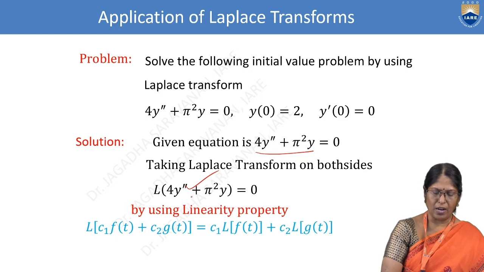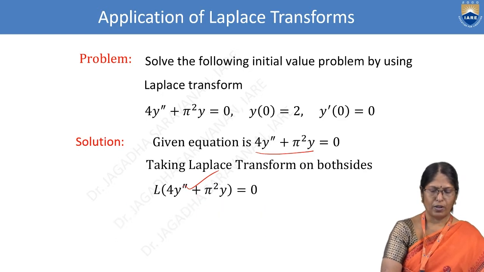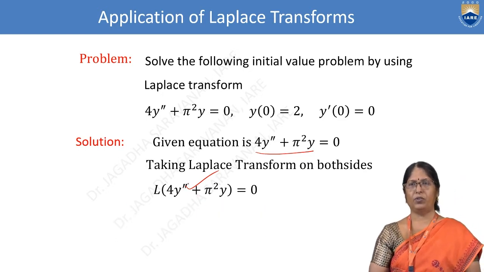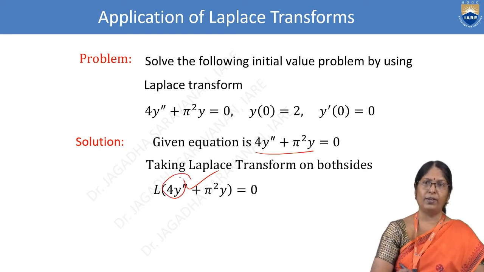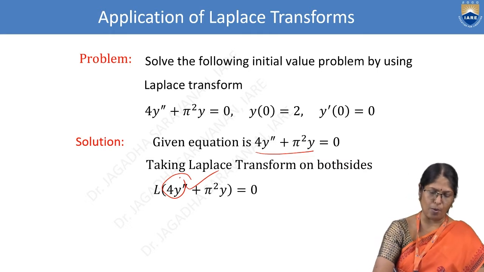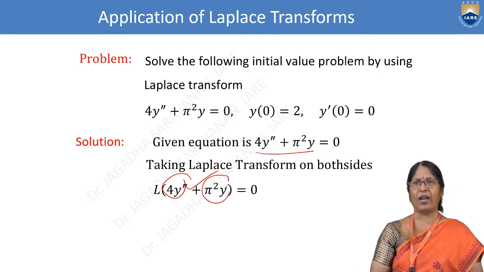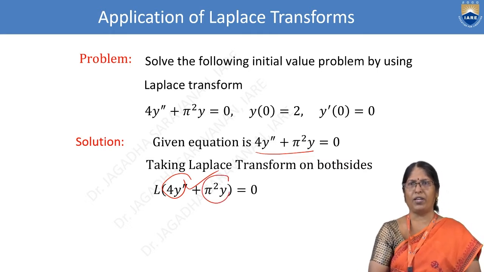Now L of 4y double dash is one term, plus pi square y. So the Laplace transform of two terms is there. Immediately, Laplace transform of the first term plus Laplace transform of the second term we have to write. Is there any property?